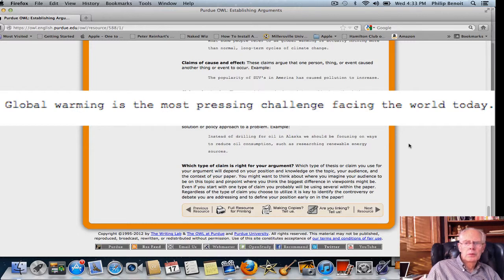That has to do with values. We're saying that is a more pressing claim than many other challenges that we face. Okay, we can see where that argument will go, and we have a structure for formulating and presenting our evidence and organizing our thinking in a logical and reasonable way for persuasion to occur among our readers.